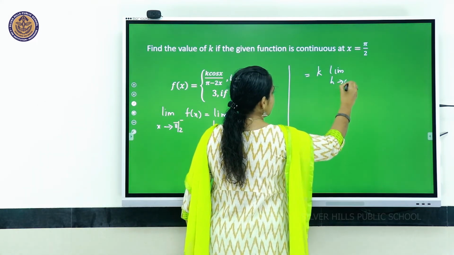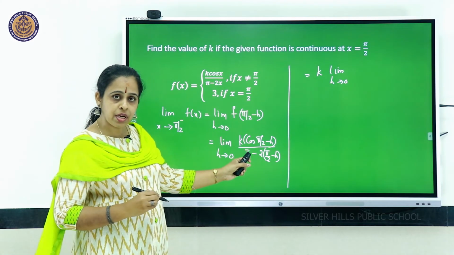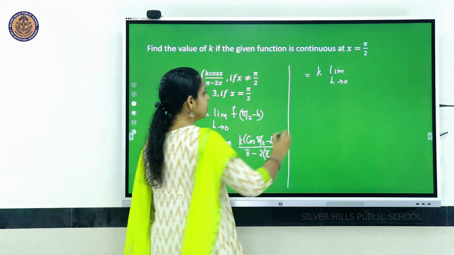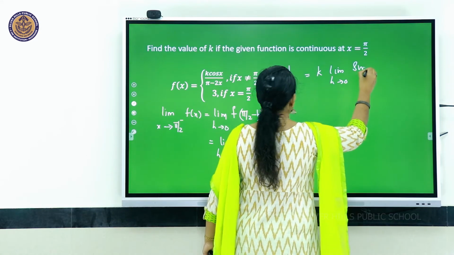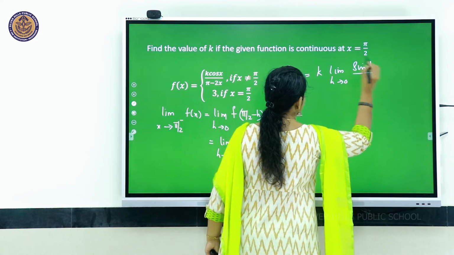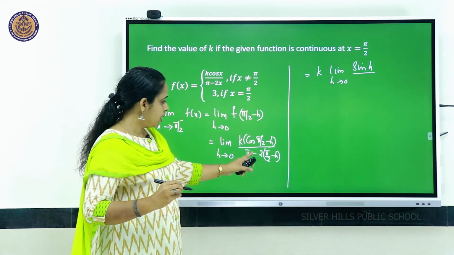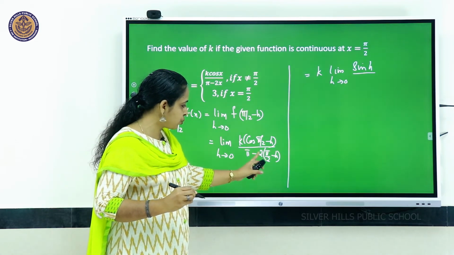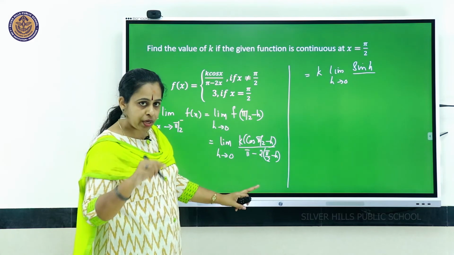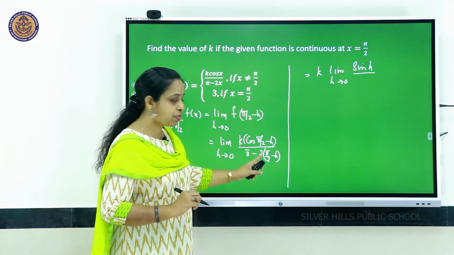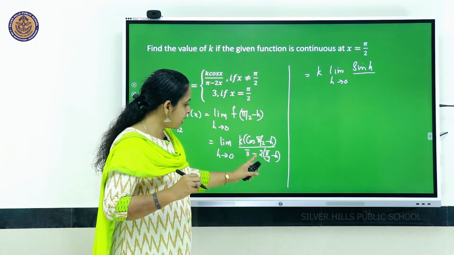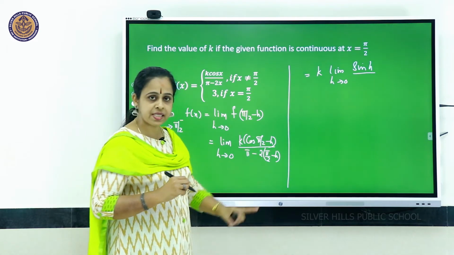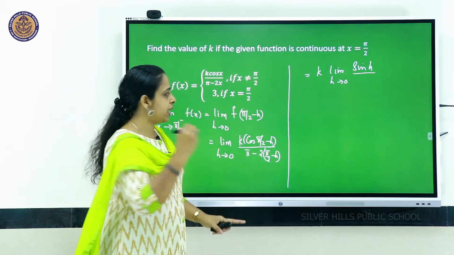h tending to 0. What is cos of 90 minus theta? It is sin theta. Sin h divided by, here when you open the bracket, 2 into pi by 2, so the 2 and 2 will get cancelled. Pi minus pi is 0, minus 2 into minus h will make 2h.